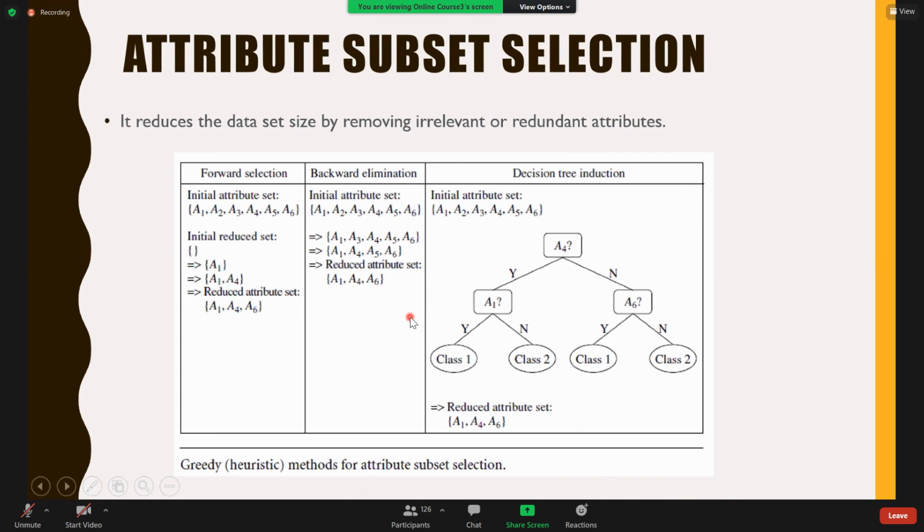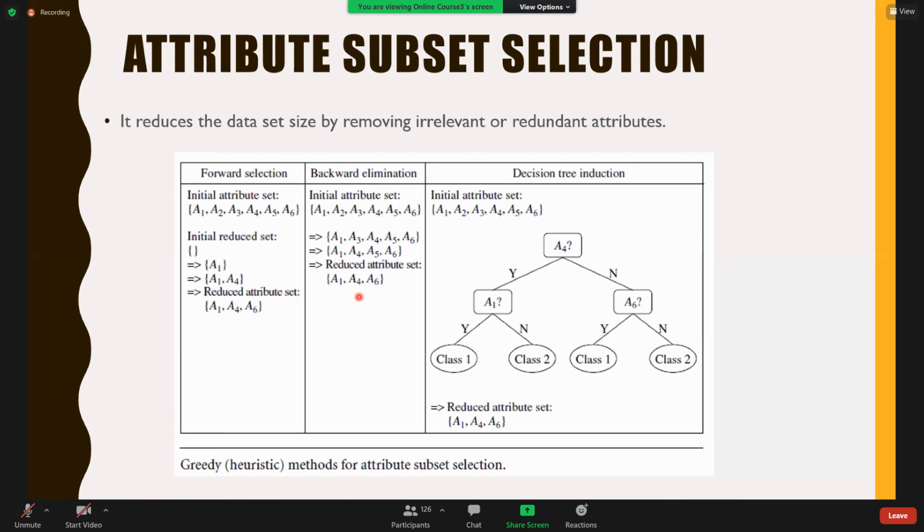So the actual procedure of backward elimination is that the output starts with the initial input set, and at every step, we eliminate the irrelevant attribute. The hybrid approach is a combination of both forward selection and backward elimination.